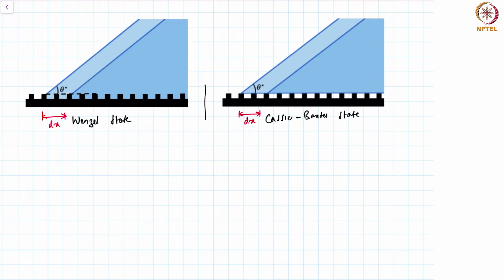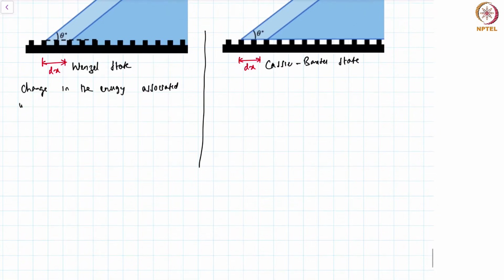Let's do the analysis first for the Wenzel state. For the Wenzel state, let me write that down, the change in the energy associated with a fluid front moving a distance dx.